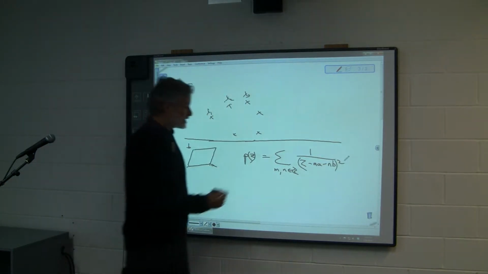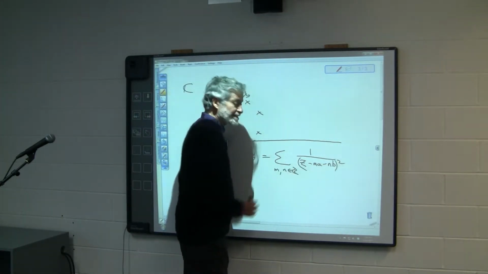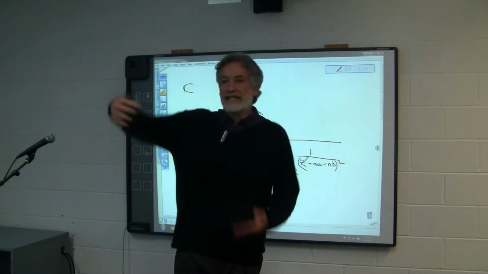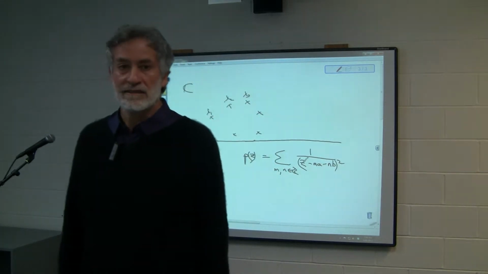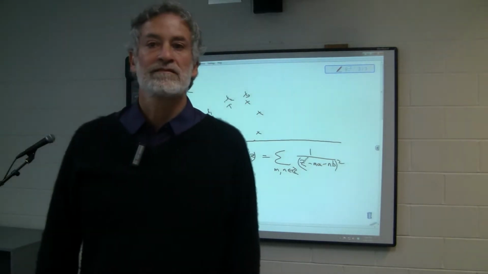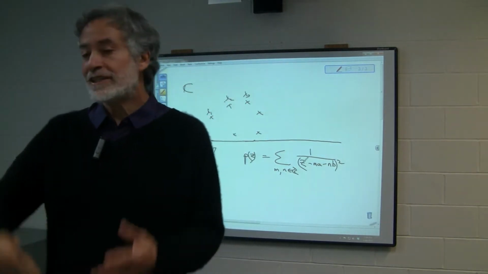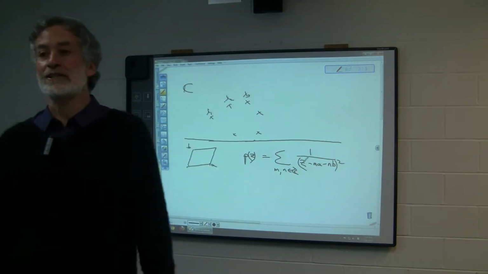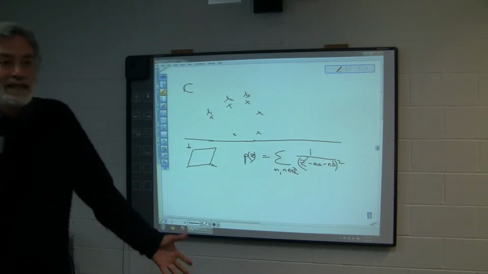All we do is take the function 1 over z squared, translate it by a lattice point, and then sum over all the translates. It's certainly a recipe for creating periodic functions. It's going to be doubly periodic.